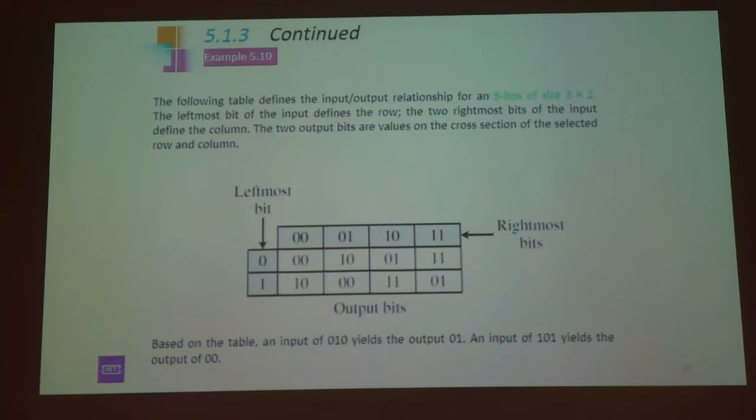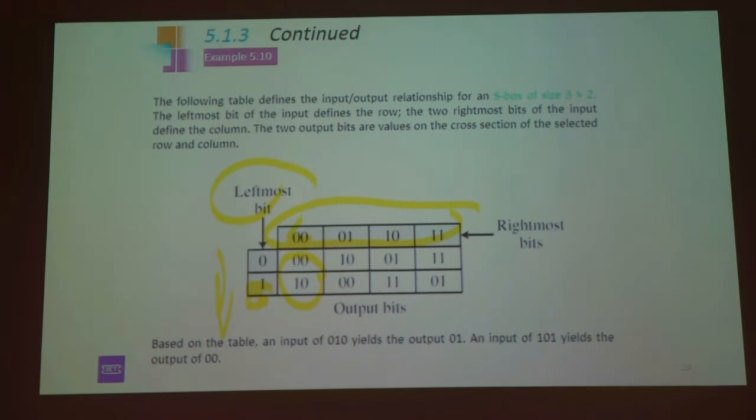The leftmost bit will be the index for the rows, and the other 2 bits will be the index for the column. So if the input is, for example, 1 0 0, what's the output? The intersection, which is 1 0, right?